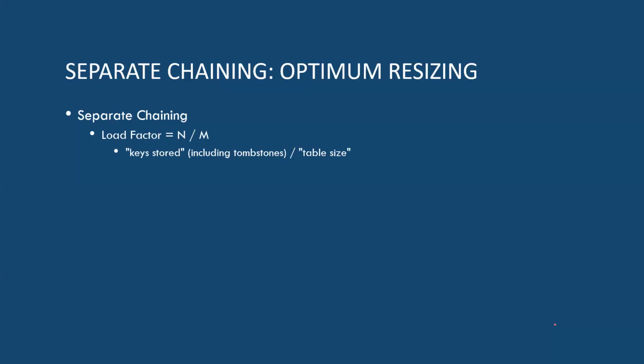So it's the total number of keys stored divided by the table size. If our load factor, our LF, is greater than 1, that means on average we're starting to have more than one thing per bucket, and we're starting to lose some efficiency.